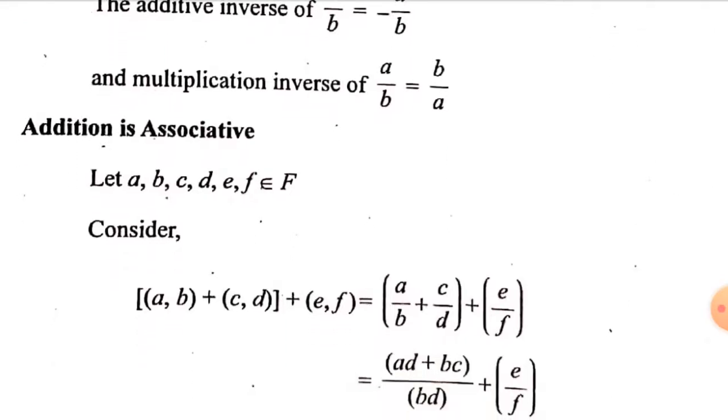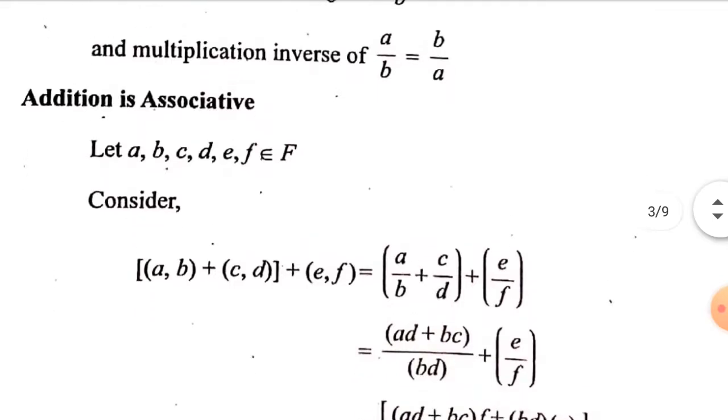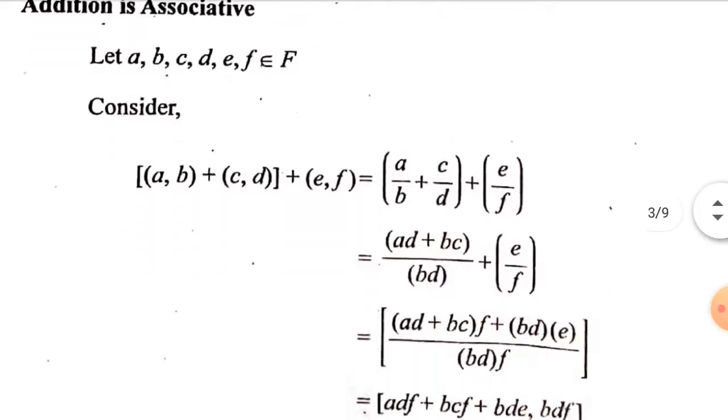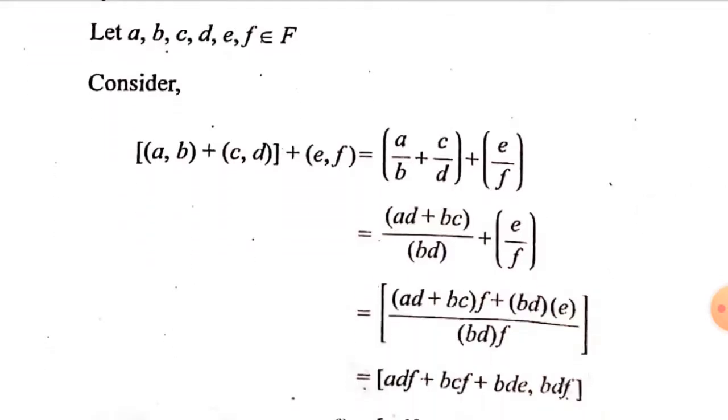Next we are proving the condition of associative. For this we are taking elements (a, b), (c, d), (e, f) belonging to F. The associative property we will take as (a, b) plus (c, d) in the brackets plus (e, f) outside.